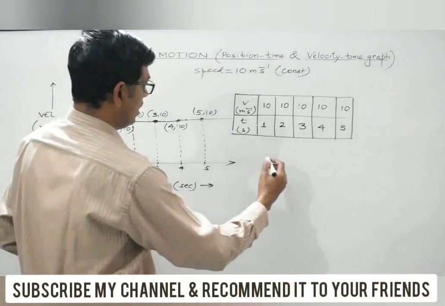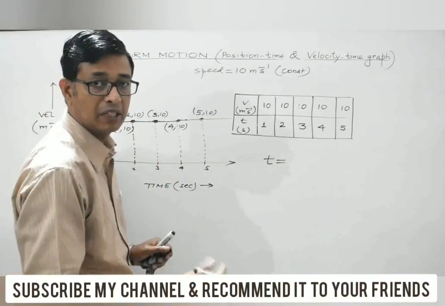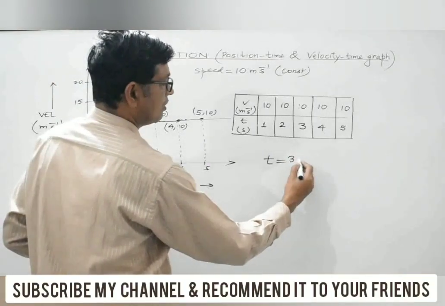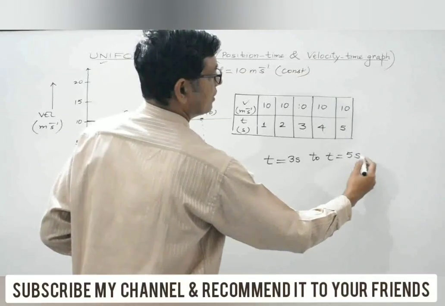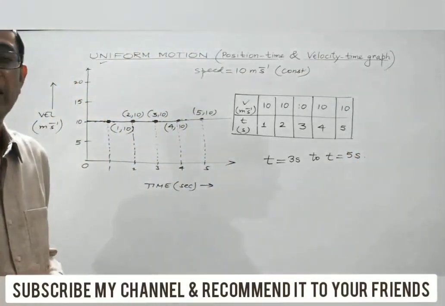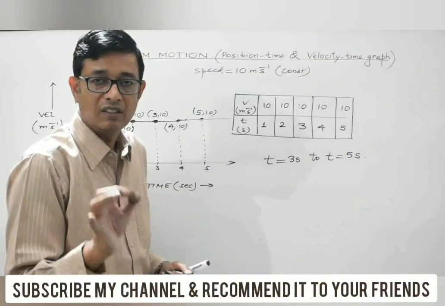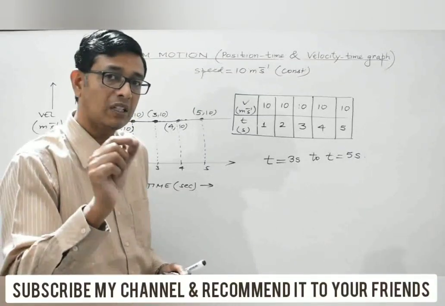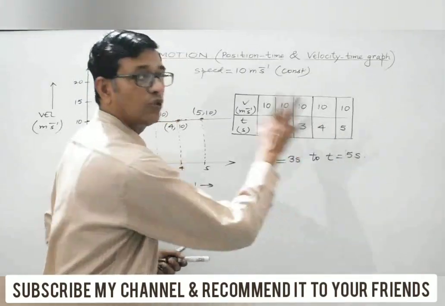Suppose we are asked to find out the distance or displacement covered by the body during the interval t equals 3 seconds to t equals 5 seconds.